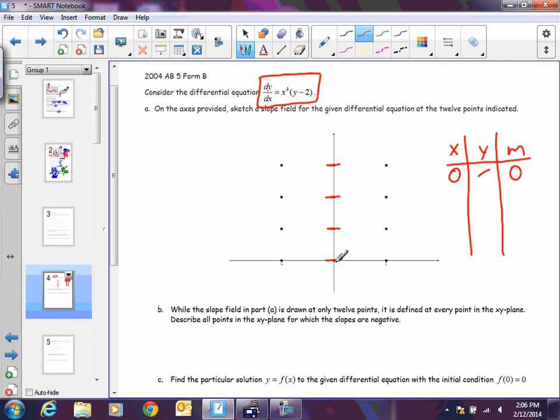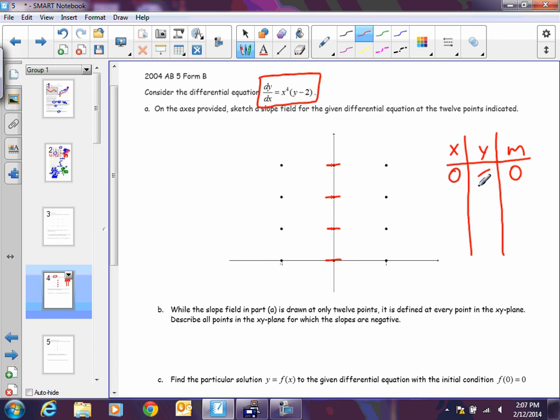I did mark the origin. In this case, the only reason I didn't do it last time is because we got 0 over 0, which isn't vertical or horizontal, it's its own category. Here we're not going to get 0 over 0. That's why I did mark it this time.